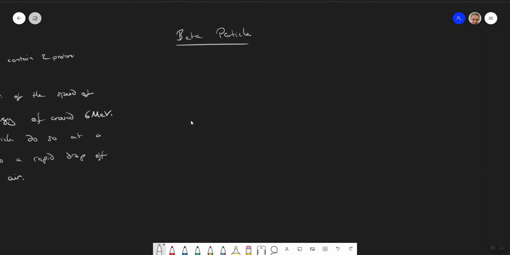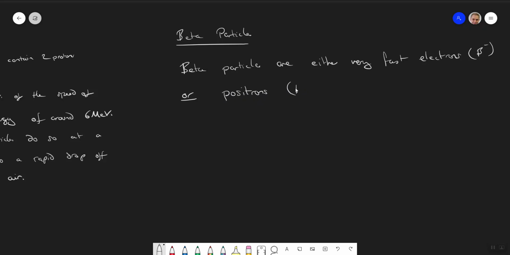So beta particles are either very fast electrons, which is a beta minus, or positrons, which is beta plus.